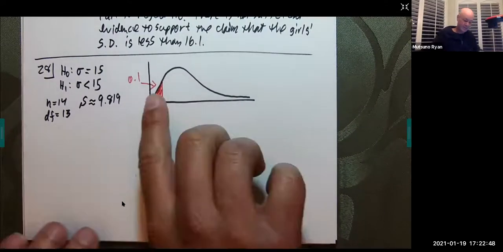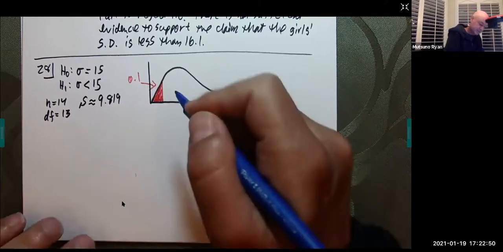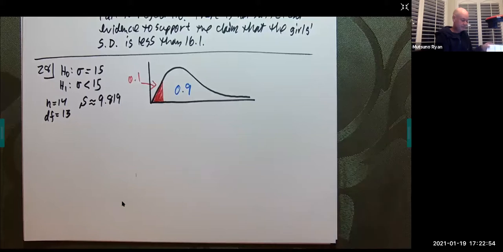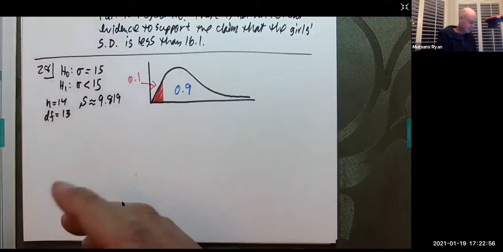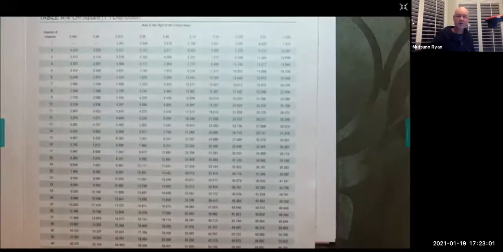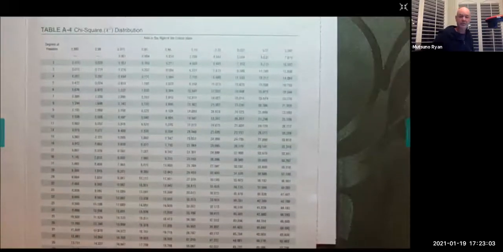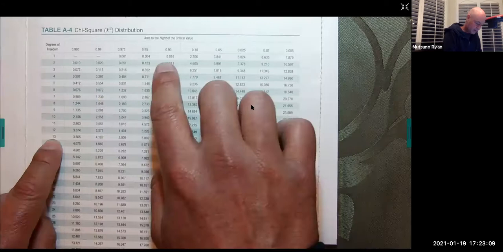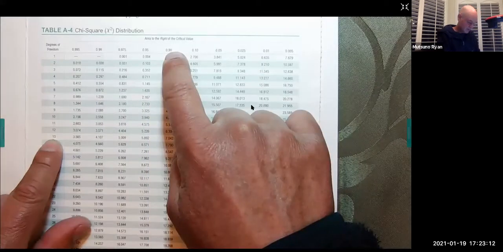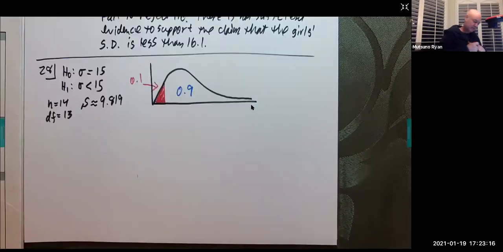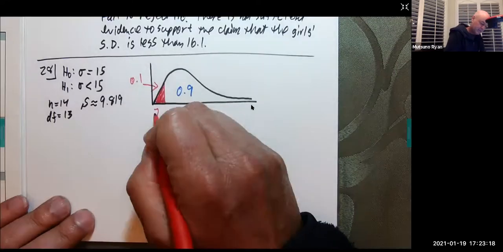Area to the right is 0.9. So degrees of freedom of 13 is here. Area to the right is 0.9, we're here. So our critical value is 7.042.